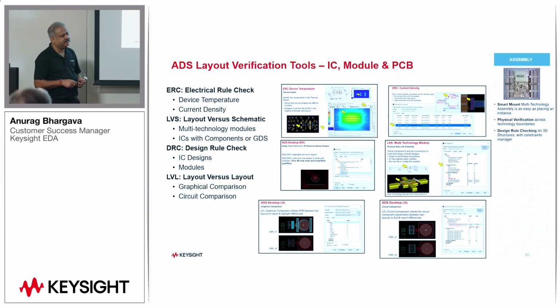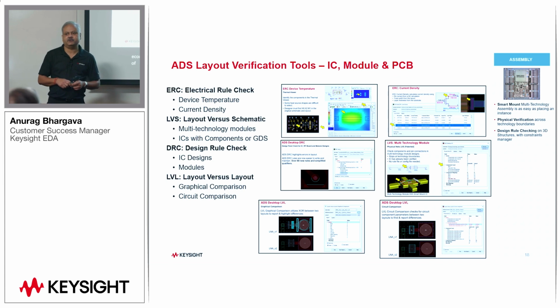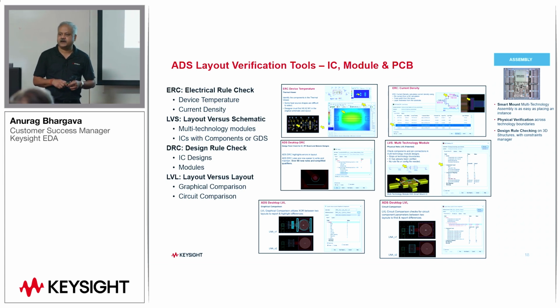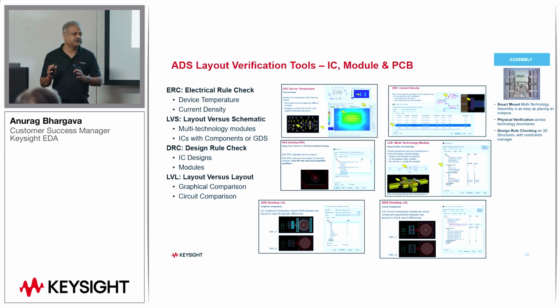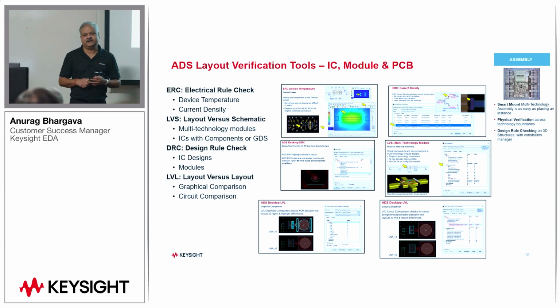Another beauty is that most of the LVS and DRC tools are IC focused tools. You have Calibre, you have Assura, and other LVS and DRC tools, but they all focus on IC. But here you are not doing IC design, you are doing module design. So you have ICs of different flavors, and you have a laminate.